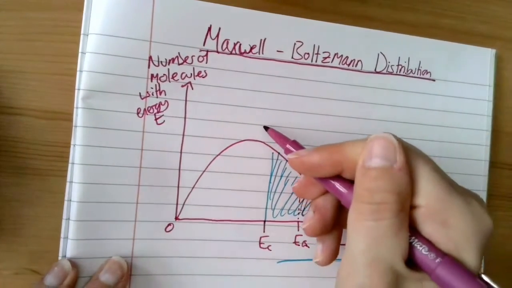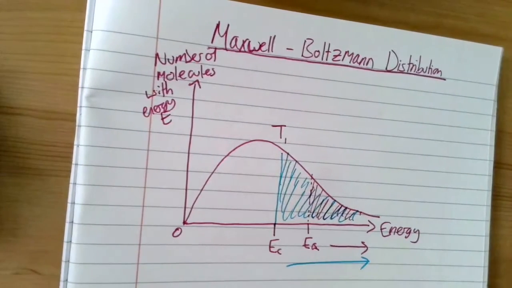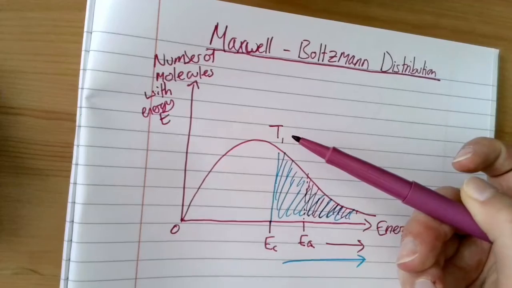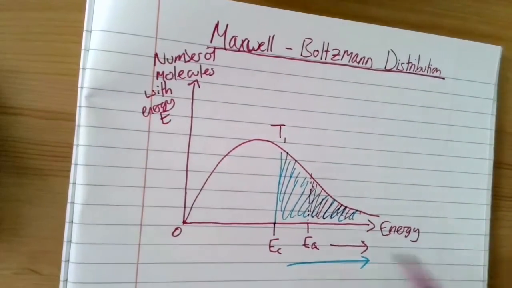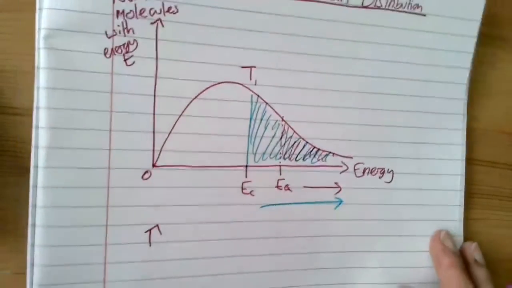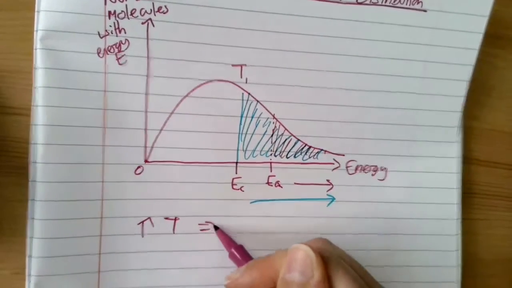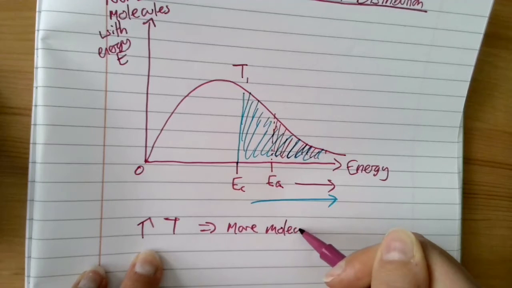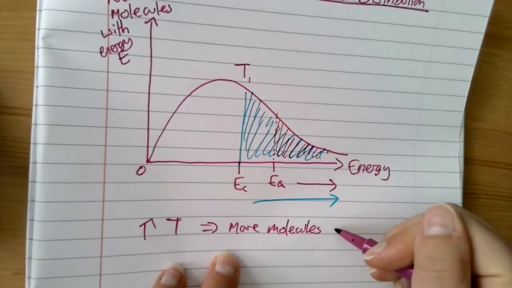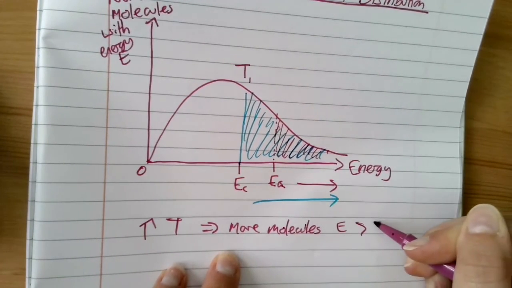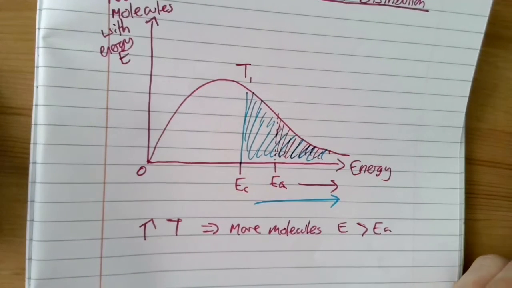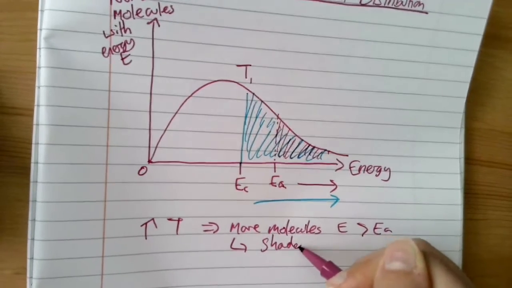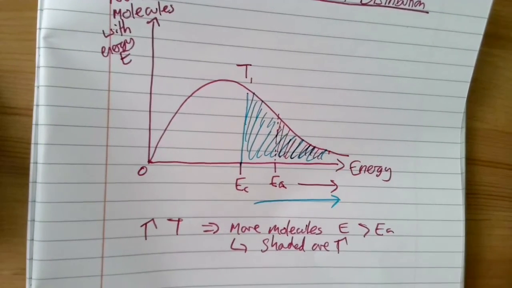We can also consider how temperature changes this. So if this is our initial temperature, T1, if we were to increase our temperature, we already know that that means we're going to have more molecules with an energy greater than the activation energy, and this means that our shaded area must increase.